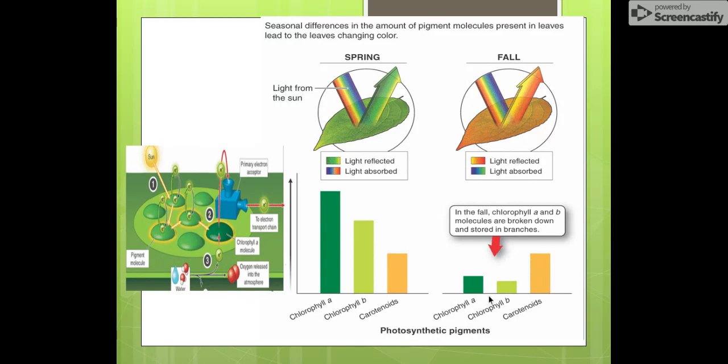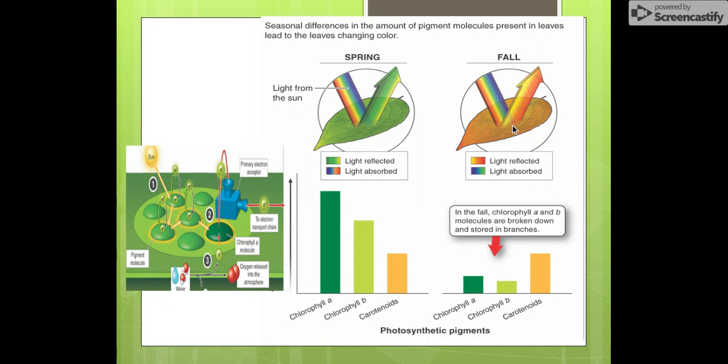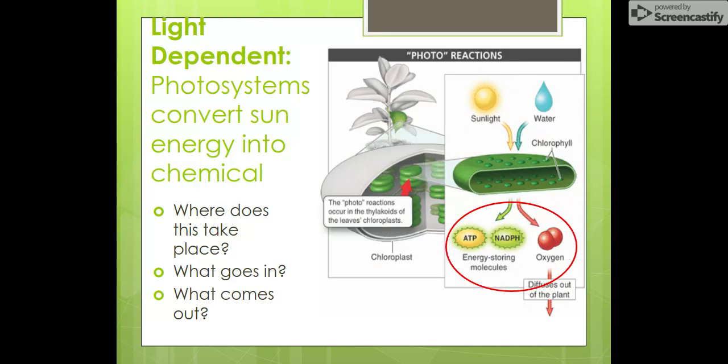And so as these chlorophyll A and chlorophyll B become less common within the leaf, we start to see more and more of these carotenoids. And that's why leaves change their colors in the fall, is because of the breakdown of these pigments. And then those carotenoids are going to start reflecting those reds and those yellows.